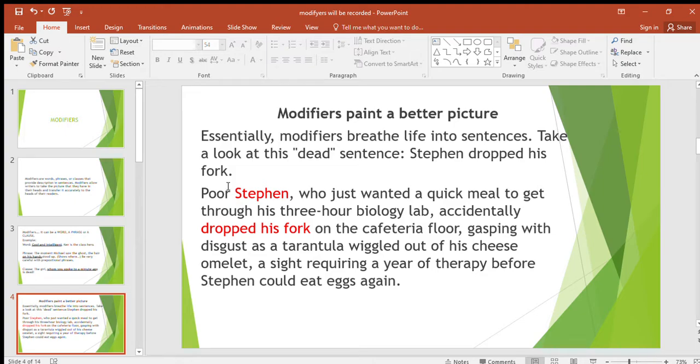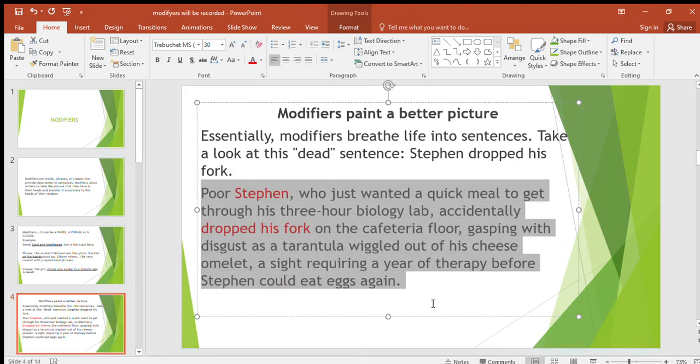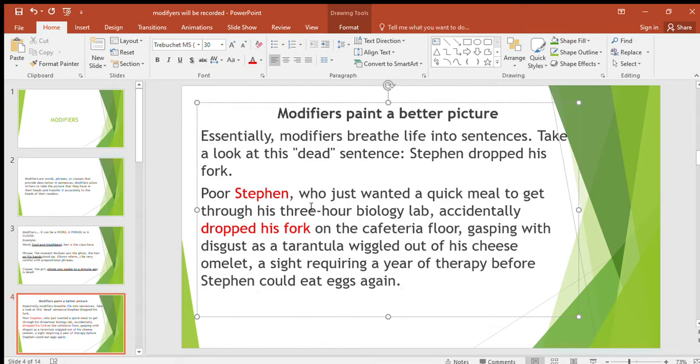With modifiers, here is our sentence, now turned into a paragraph: Poor Stephen, who just wanted a quick meal to get through his 3-hour biology lab, accidentally dropped his fork on the cafeteria floor, gasping with disgust as a tarantula wiggled out of his cheese omelet, a sight requiring a year of therapy before Stephen could eat eggs again.